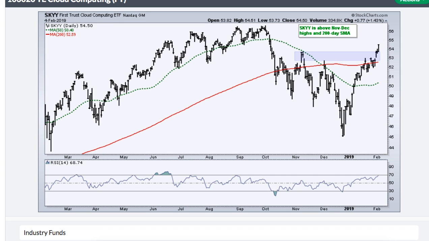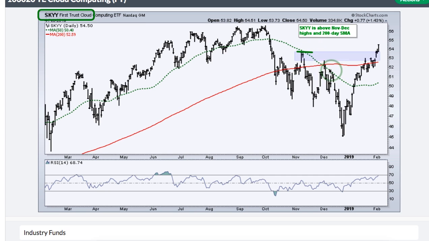You could go to the First Trust website for the First Trust ETFs, and you could find the components in SKY, and you could look at those individual charts to find the strongest stocks in this ETF. That's another good way to use ETFs because it is very easy to find the components and then single out which stocks are leading.